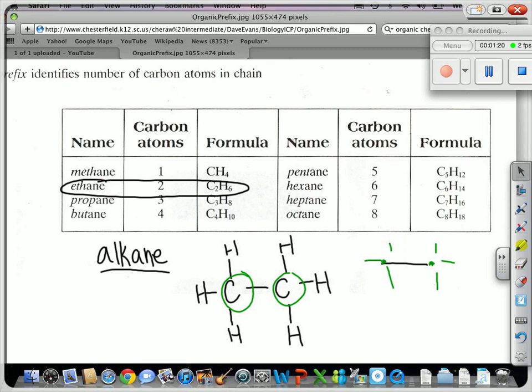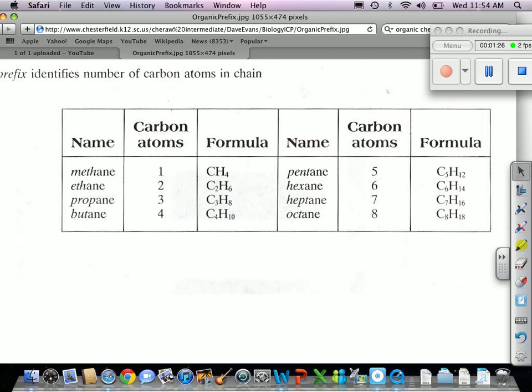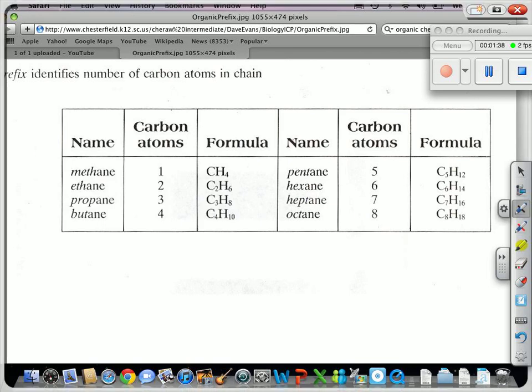Let me show you an example of why we do this. Let's say I have butane, C4H10.